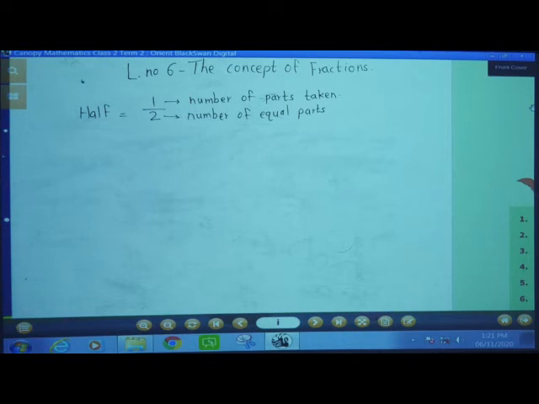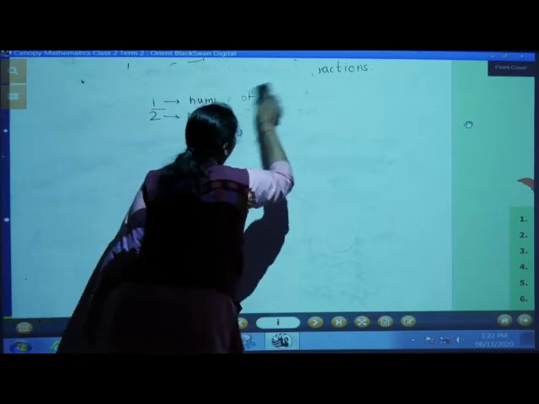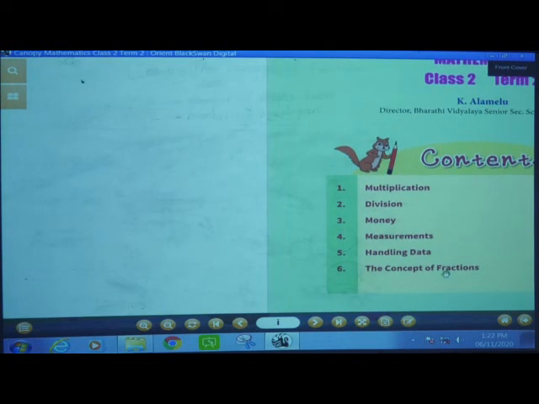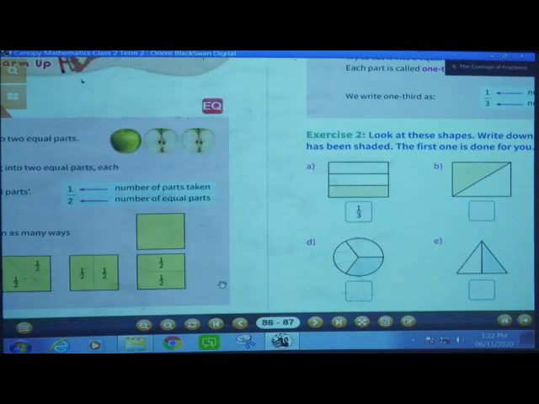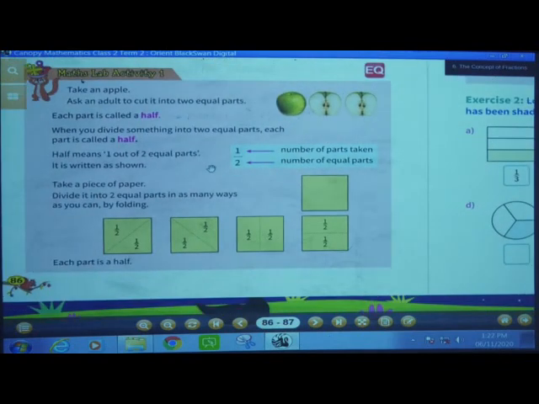Now exercise number 1, page number 87. See, already I have explained this.